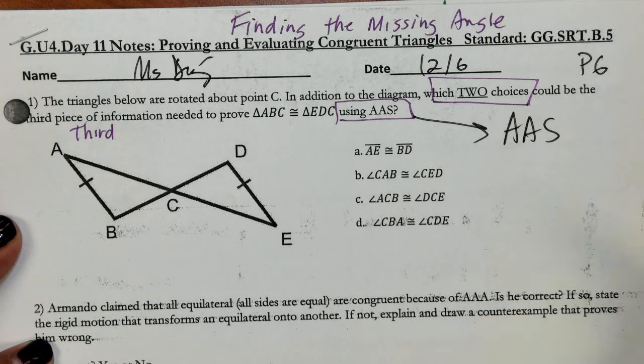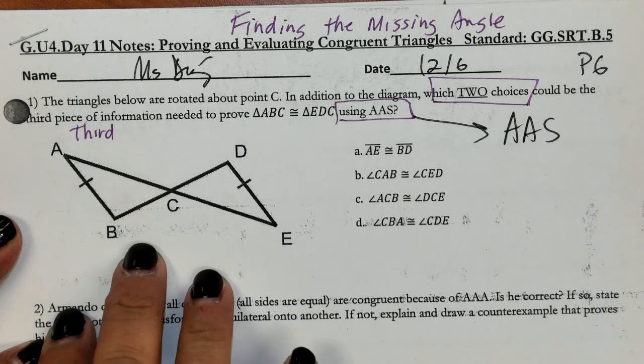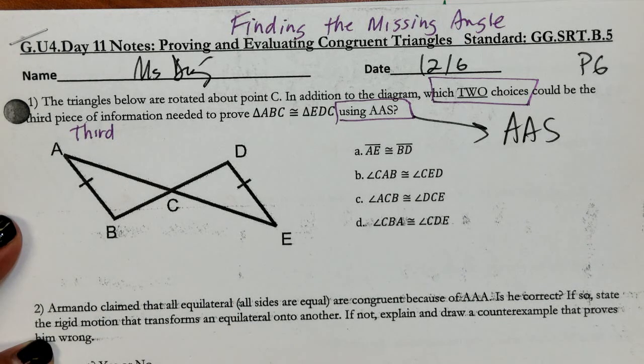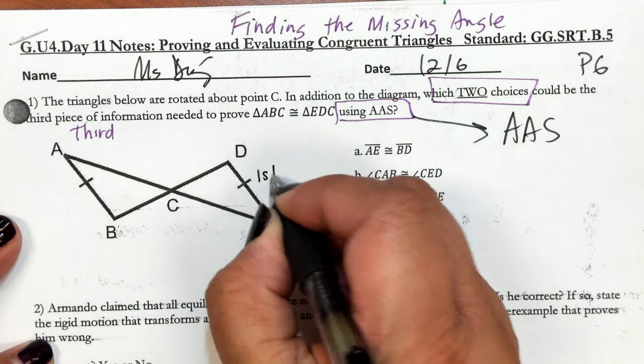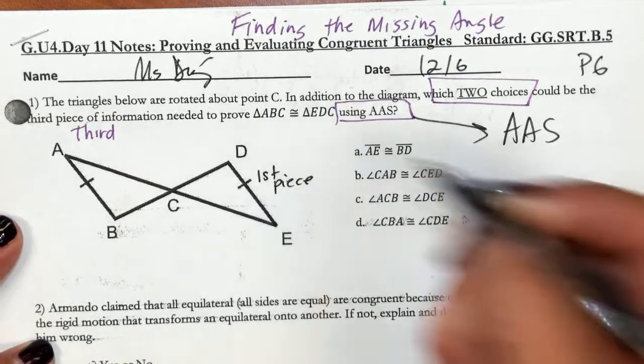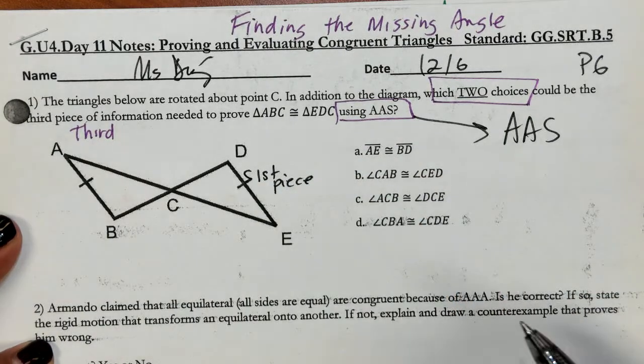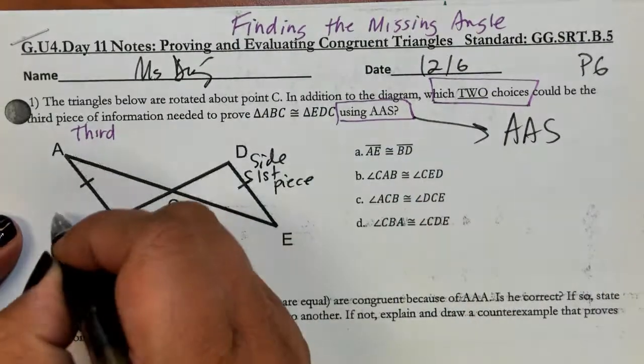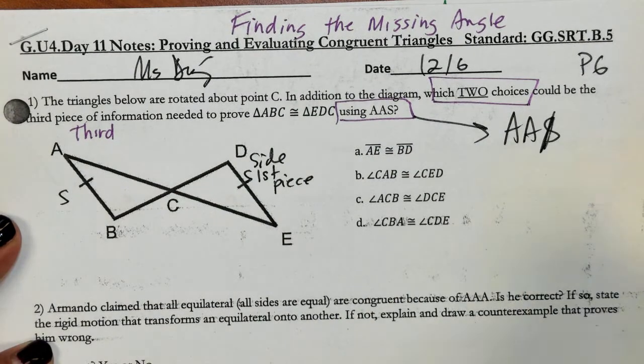Angle, S. How's that? Now, go to your diagram, and they're looking for the third piece. Not the second piece, the third piece. This is your first piece, and what do you call this piece of information? It's called a side. This is a side. So we can cross off that we have one side. What's your second piece of information?